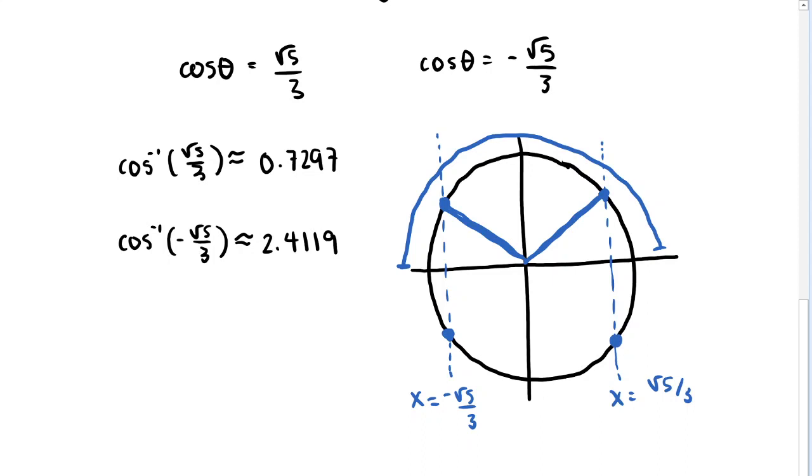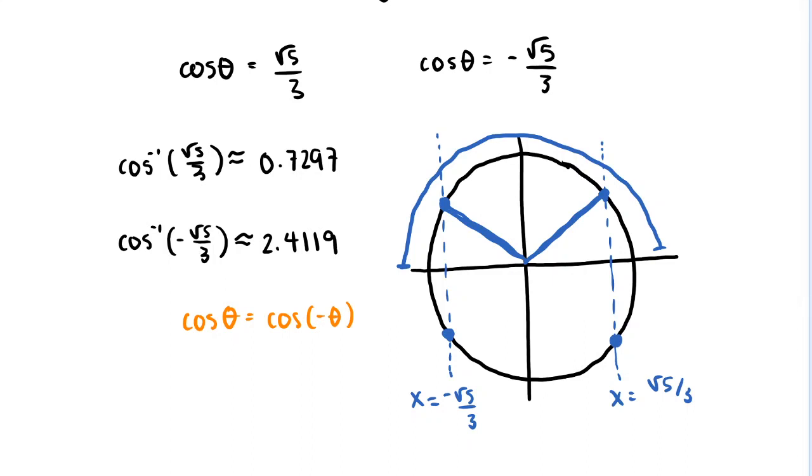And so how do we get the angles on the bottom half of this unit circle between 0 and 2 pi? Well, one fact about cosine is that cosine of theta is really the same as cosine of negative theta.